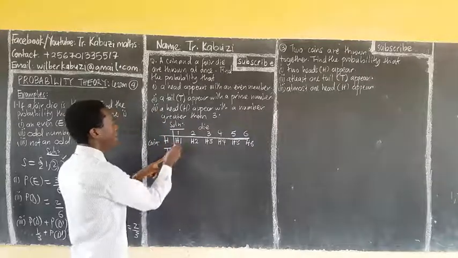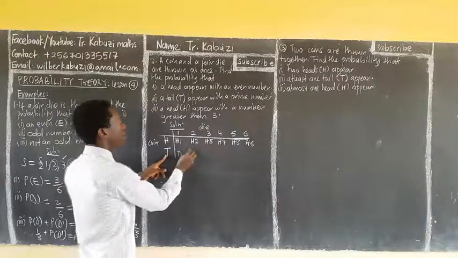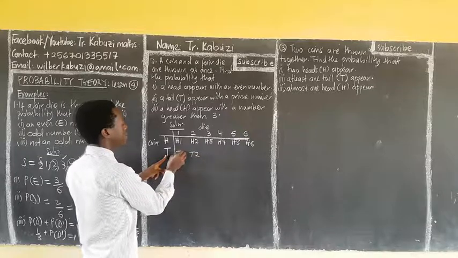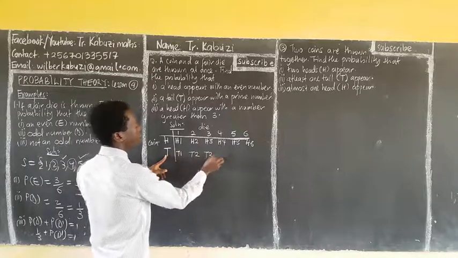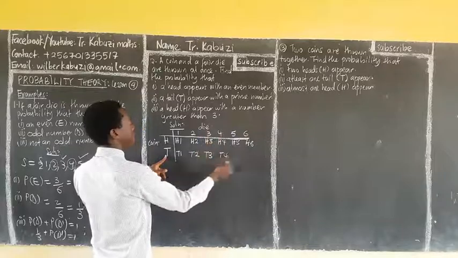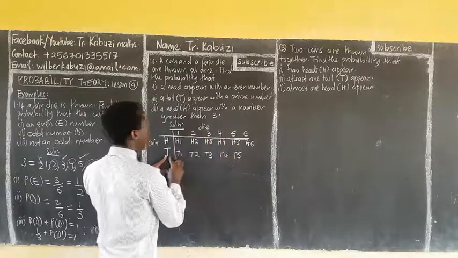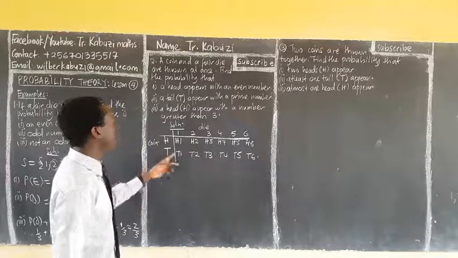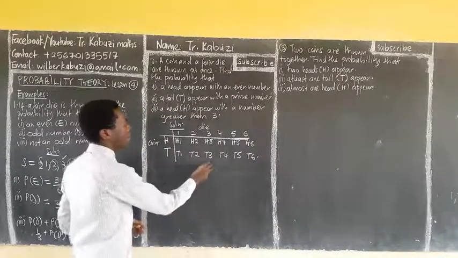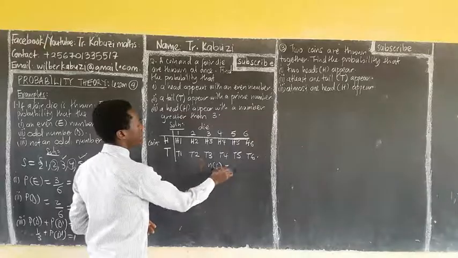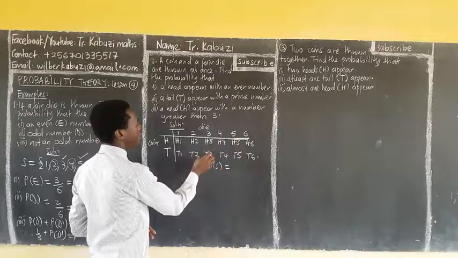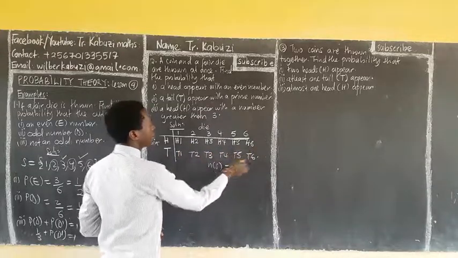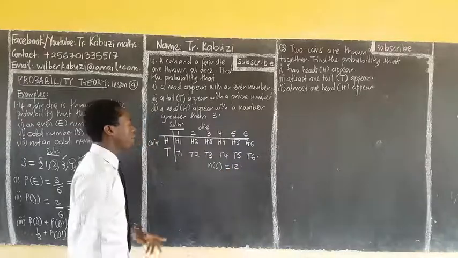Then I can have a tail and a 1, a tail and a 2, a tail and a 3, a tail and a 4, a tail and a 5, then a tail and a 6. And so my sample space is going to be 1, 2, 3, 4, 5, 6, 7, 8, 9, 10, 11, 12. It's going to be 12.